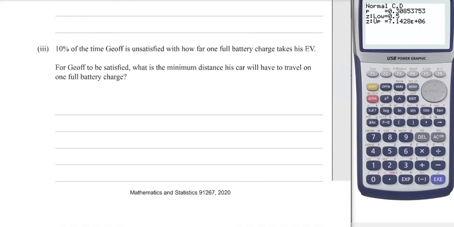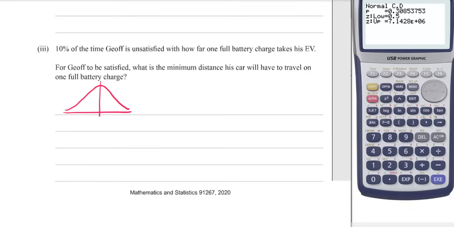Okay, 10% of the time Jeff is not satisfied for how far one full battery charge would take him. So for him to be satisfied, what's the minimum distance his car will have to travel? So we're looking at 10% of the time where it doesn't go as far as he would like it to.